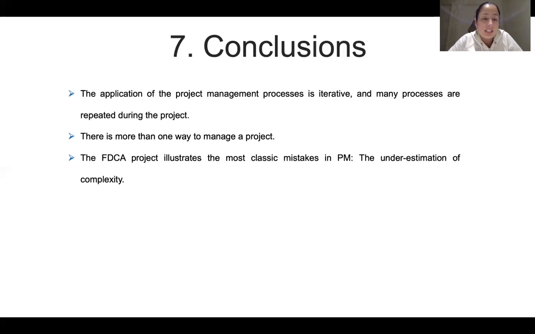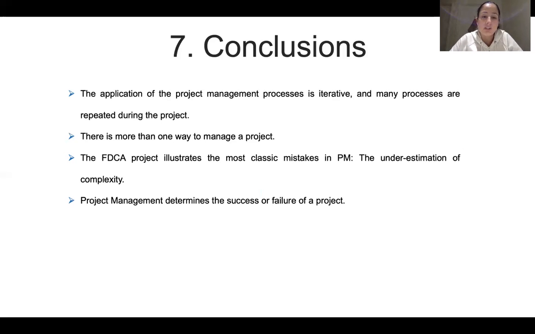Another conclusion is that the project I mentioned about the census illustrates the most classic mistake in project management, which is the underestimation of complexity. At the beginning, the work team thought it was a simple project, but at the end they realized it was really complex.